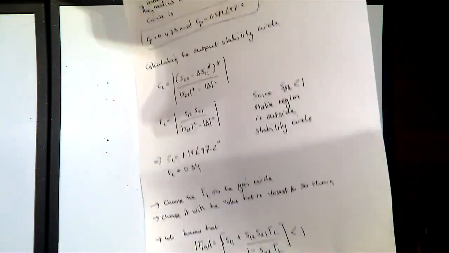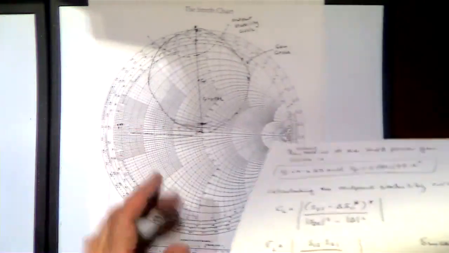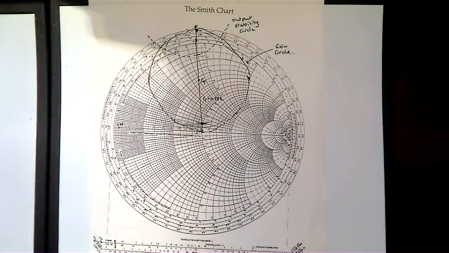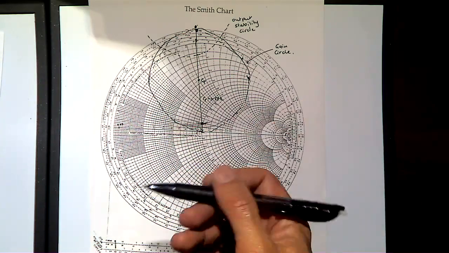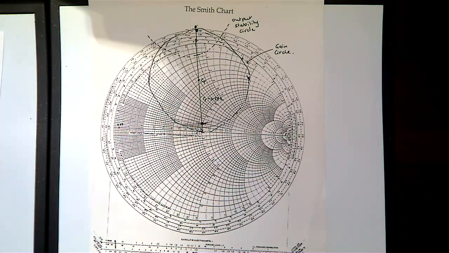What do we have to do next? We have to draw our input stability circle. I haven't drawn it here, but you would draw it and work out if this particular point is stable. What you find is that it is actually stable, so you don't have to worry about it.